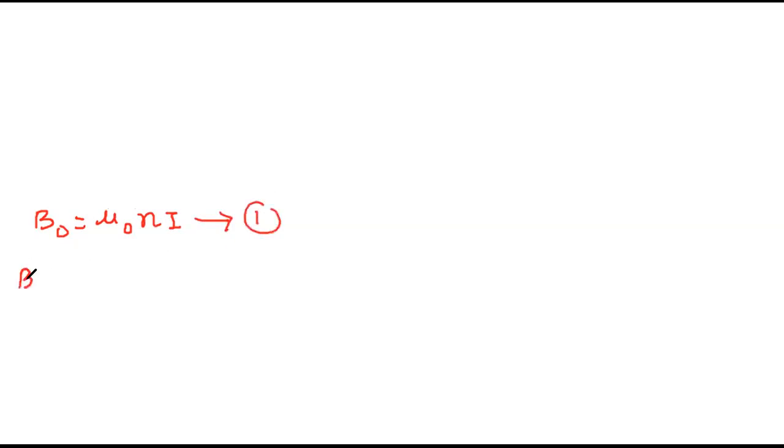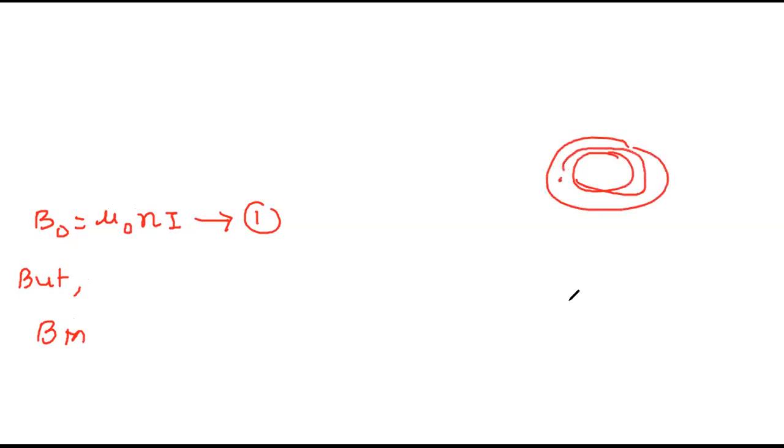But if magnetic material such as iron is placed in the core of solenoid or toroid, मतलब एक toroid का अंदर if I put iron और ये solenoid का अंदर if I put iron, तो iron भी magnet बनेगा.